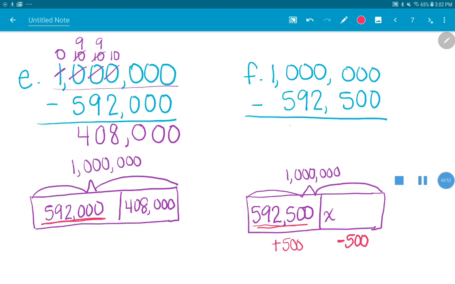My 400,000s are going to stay the same. My 10,000s are going to stay the same. But it's going to be 407,000. Yeah, I'm going to have 7,000s and 500. 407,500 is the missing part in F.